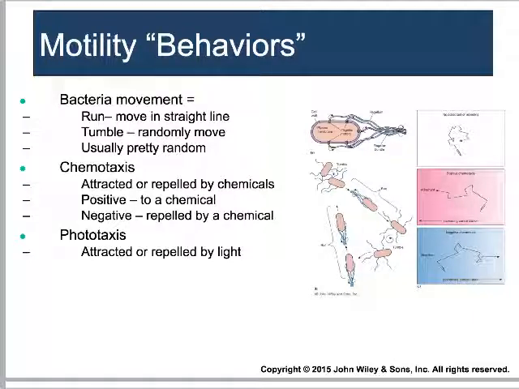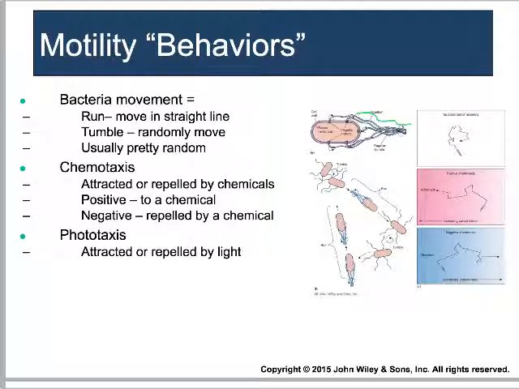Okay, now, how do bacteria move? When bacteria move, it's pretty random, usually. They're just moving around and somehow they end up someplace. When they move in a straight line, it's called a run.